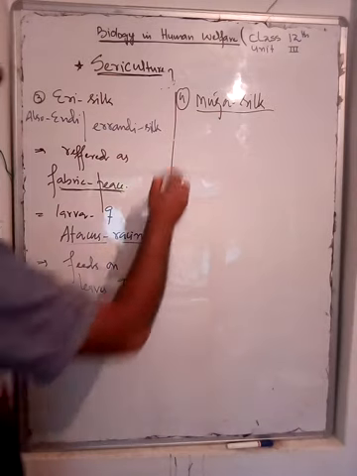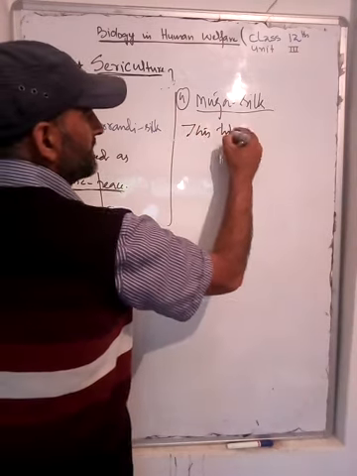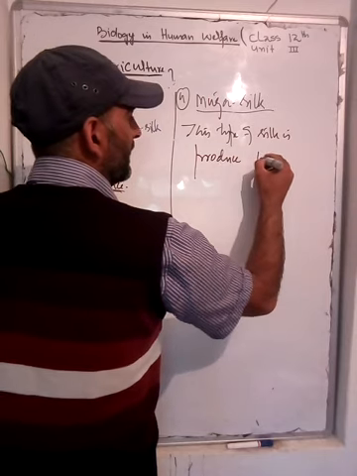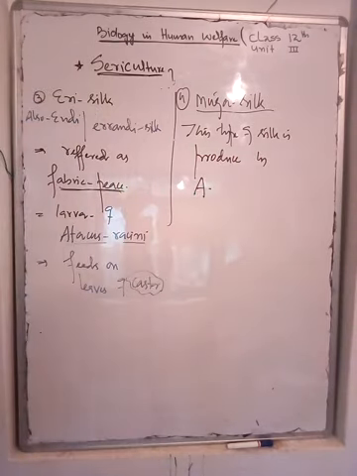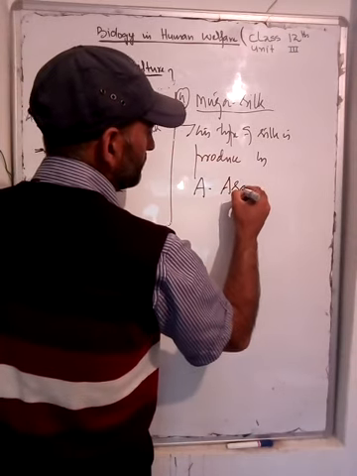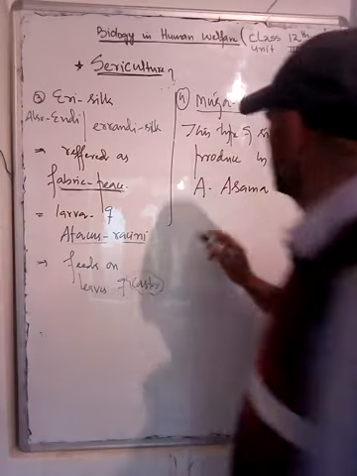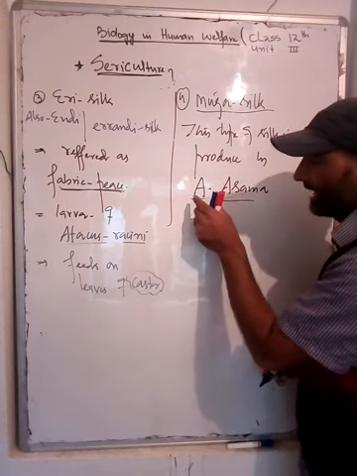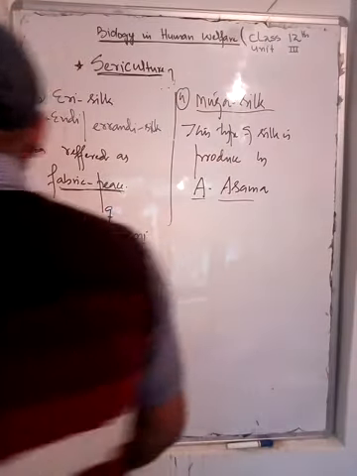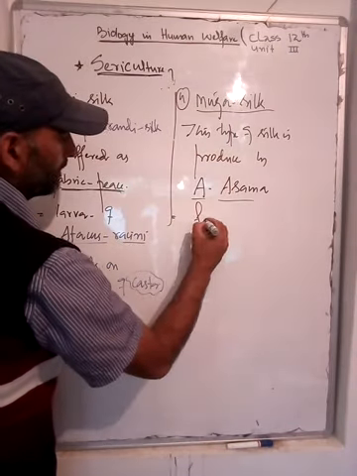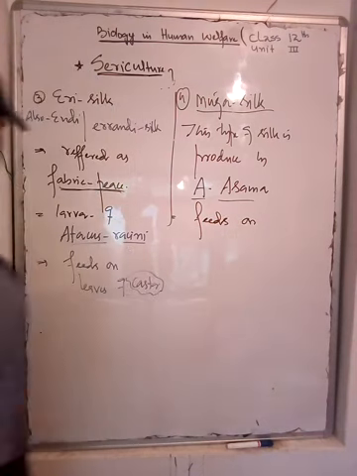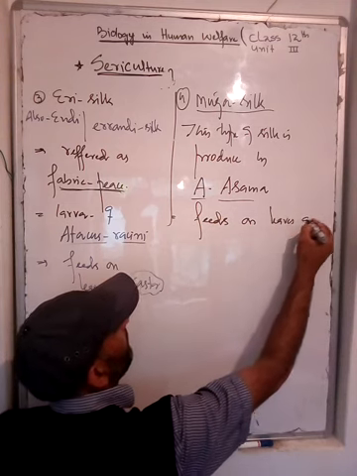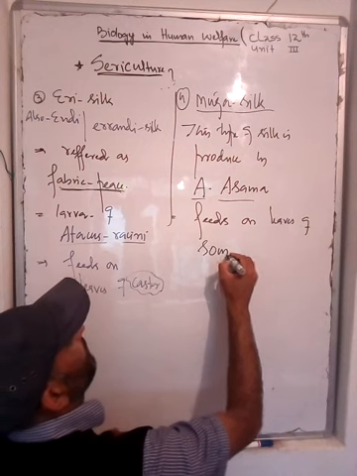This type of silk is produced by Antheraea assamensis. The larva feeds on leaves of som plant.